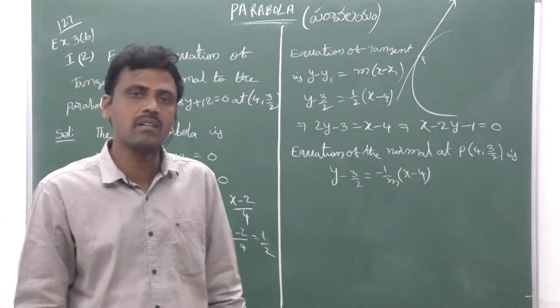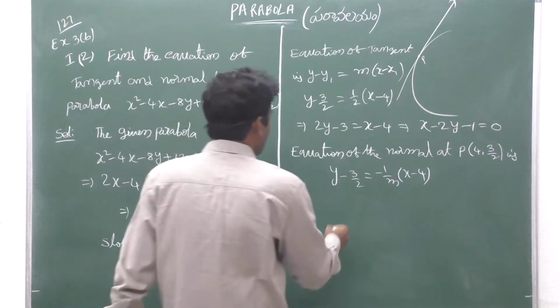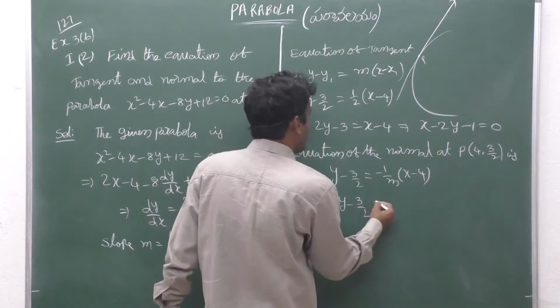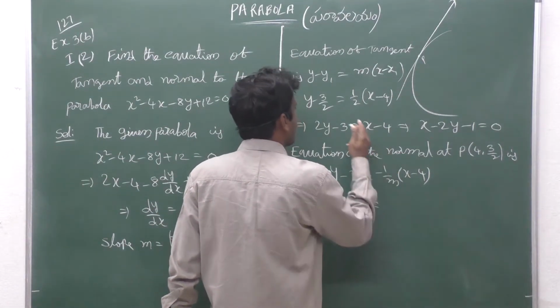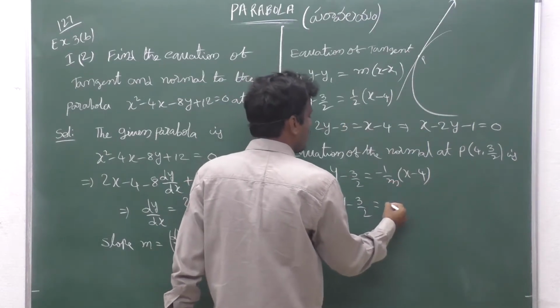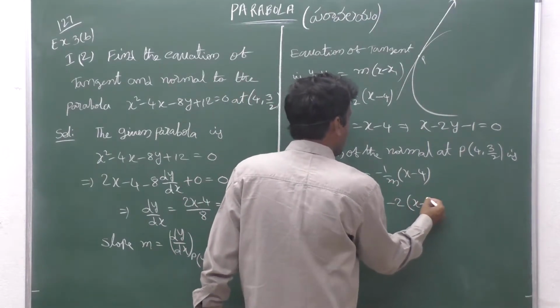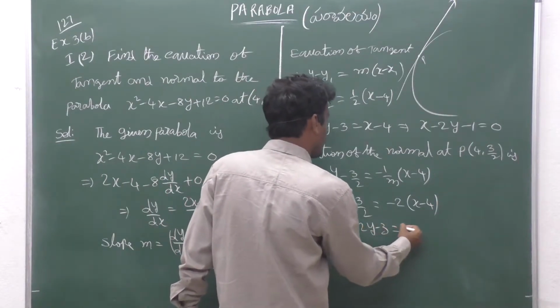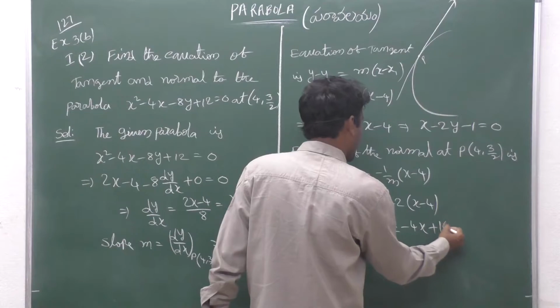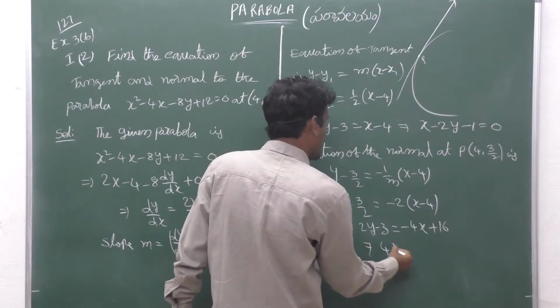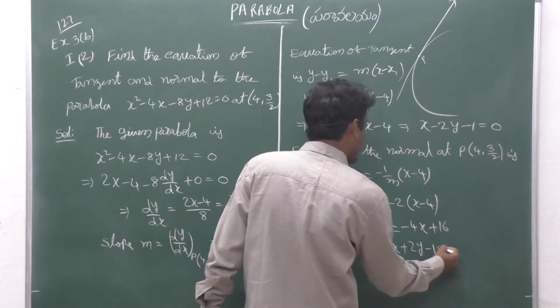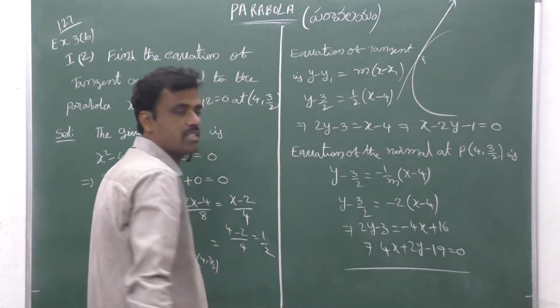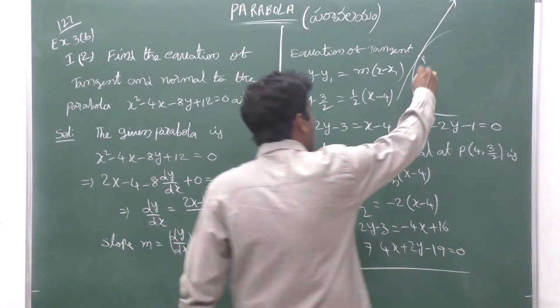That is y minus 3 by 2 equal to minus 1 by m, where slope m is 1 by 2, so minus 1 by m is minus 2, into x minus 4. That is 2y minus 3 equal to minus 4x plus 16. 4x plus 2y minus 19 equal to 0. That is the equation of the normal at P.